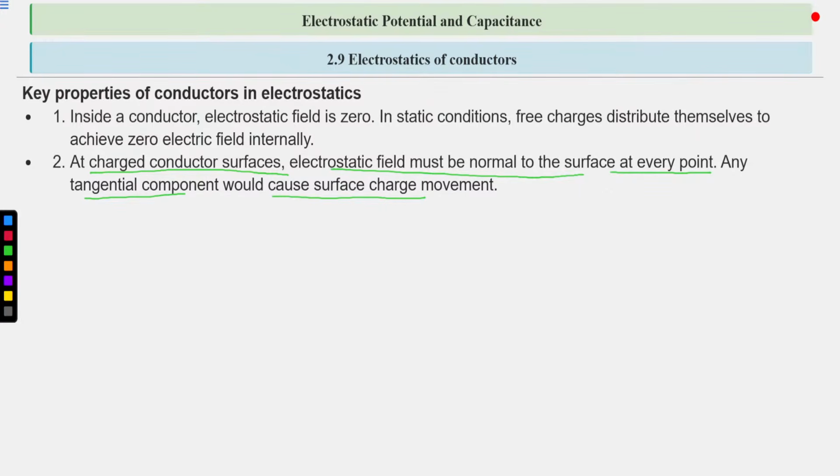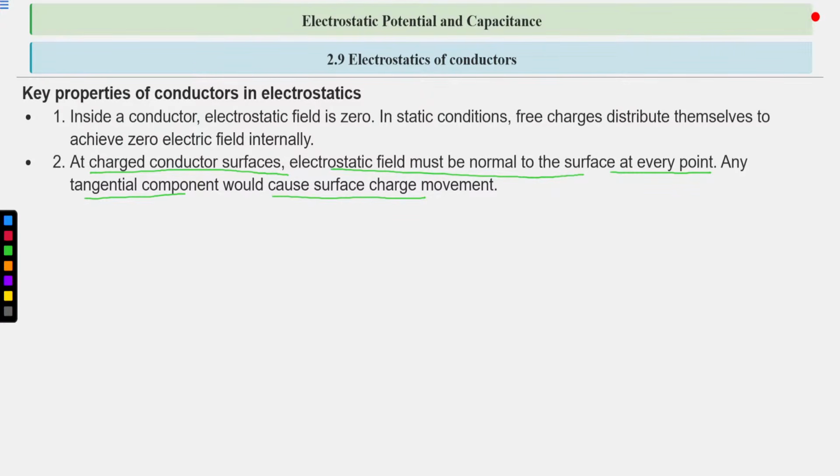So if there is a tangential component of the electric field, then there will be movement of charges on the surface and there will be current. So in stationary condition, when charges are not moving, the tangential component of the electric field must be zero.